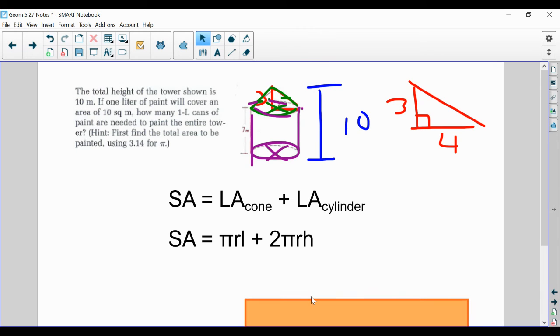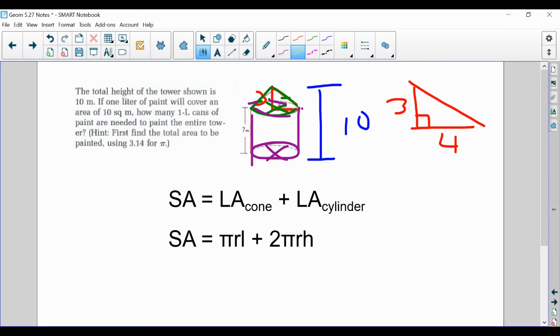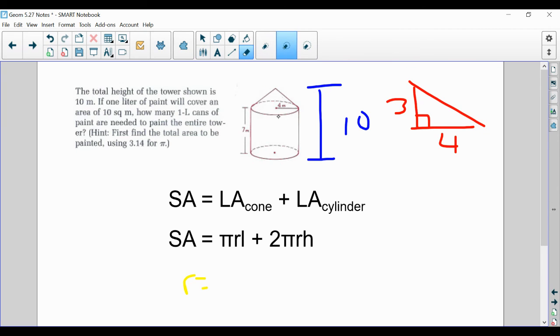Okay, so now let's go ahead and find the surface area of this thing. Pi r L plus 2 pi r h. We know the radius. It's buried here under all of these markers. The radius is 4. And we know the height of the cylinder is 7, and the slant height, I'm sure you knew this before even I did, the slant height was 5.